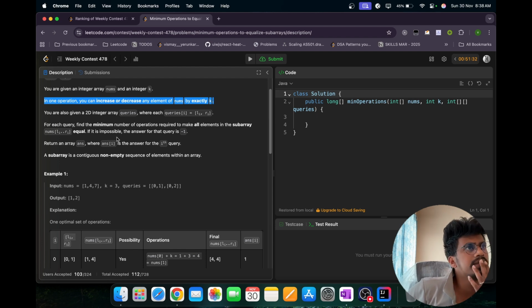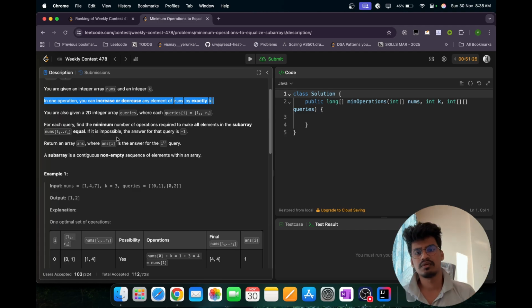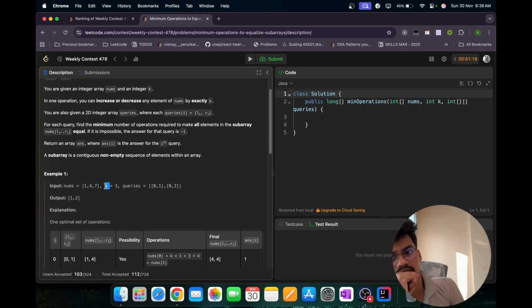So for all these elements, we should have a difference of 0 or a difference of k.